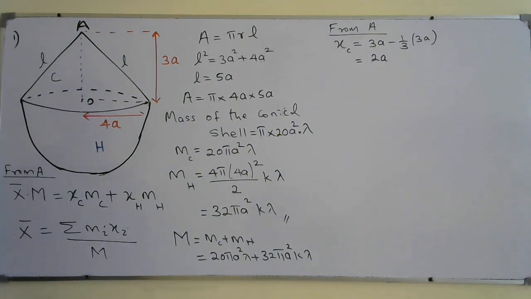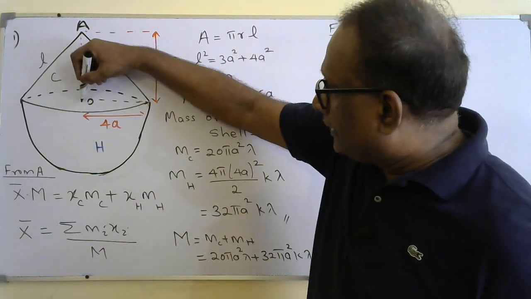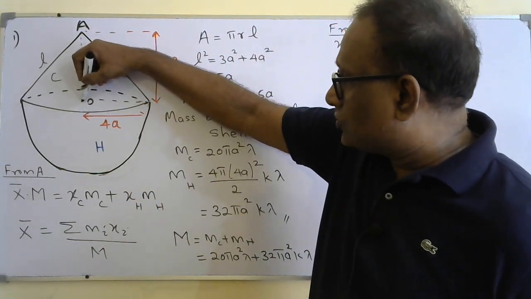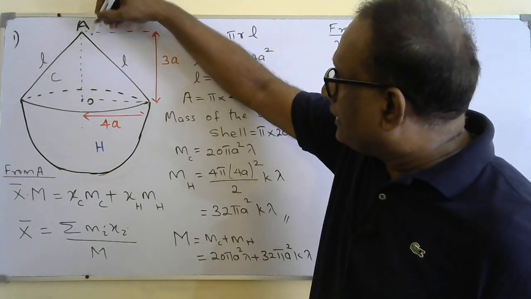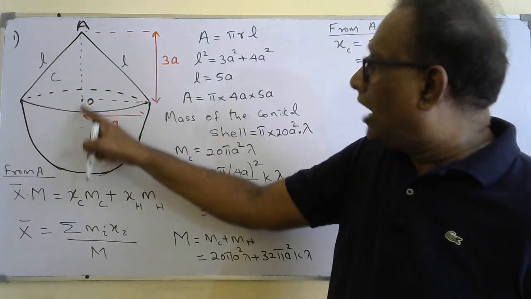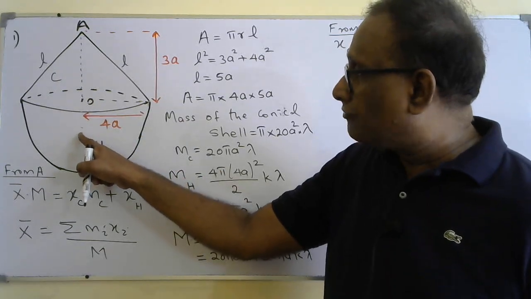Right, the center of mass of the hemispherical shell, given in the data book, is at half of the radius from the base. So from A, that will be 3A plus half of the radius. Radius is 4A, so 3A plus half of 4A.